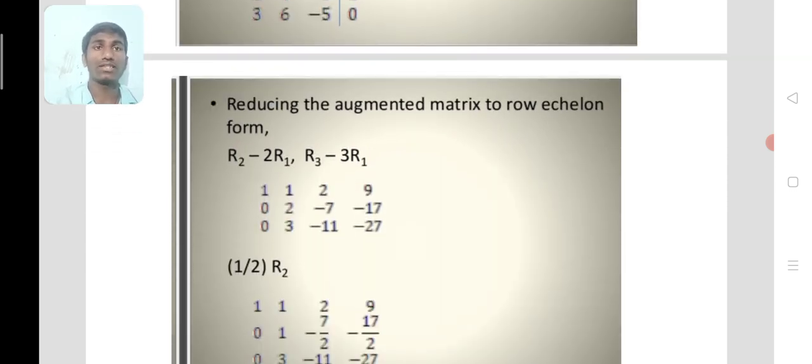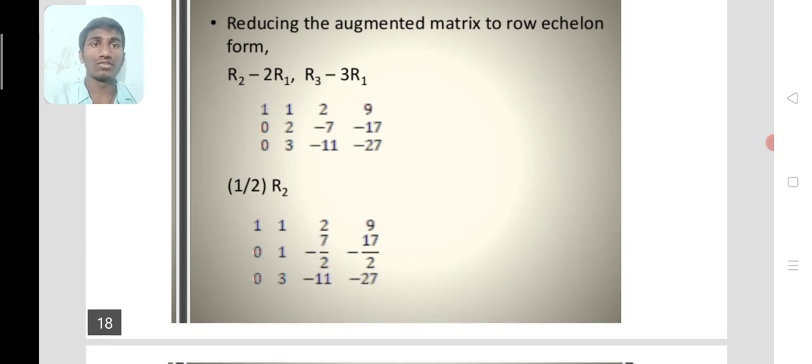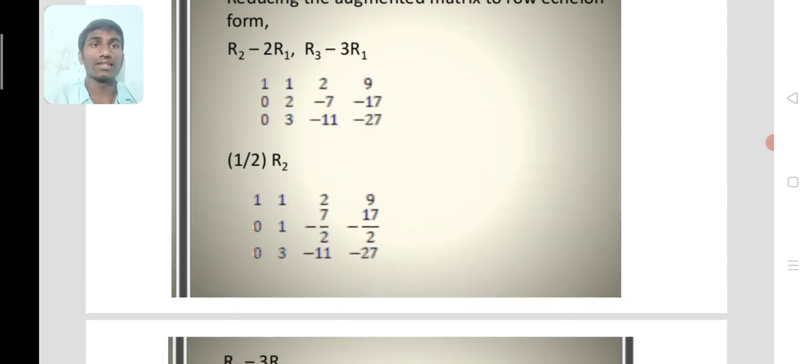Here R2 minus 2R1 and R3 minus 3R1. So in the first column, all entries from the second row down become zeros, and the next step is to make the second column entries in the remaining rows zero.